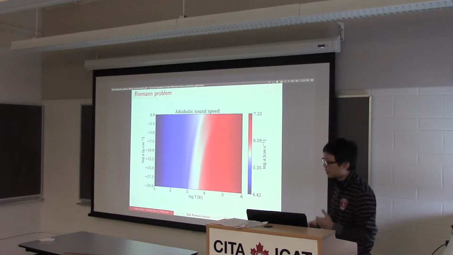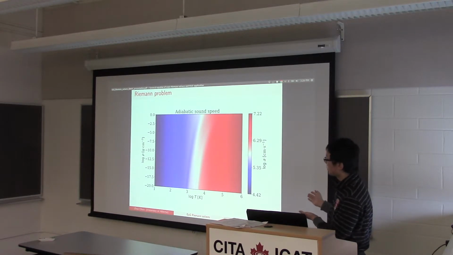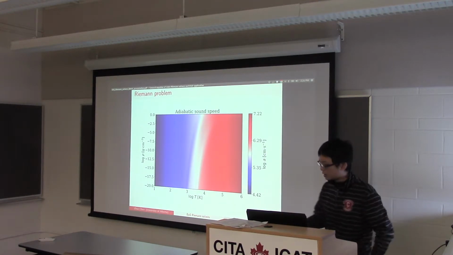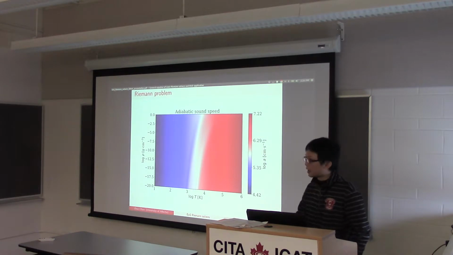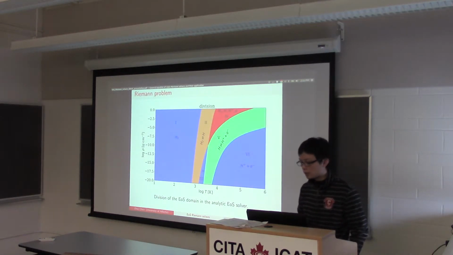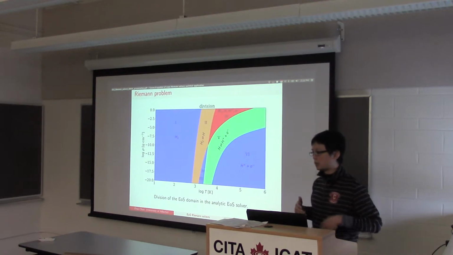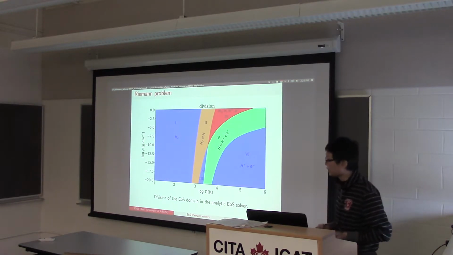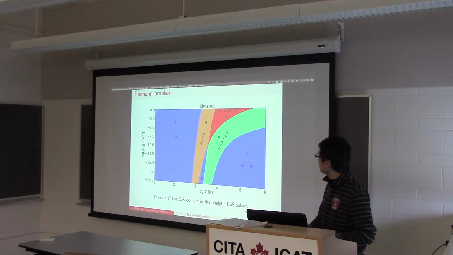So I implemented the tabulated method, but on the other hand, I tried another method called the analytic way. I calculate the adiabatic sound speed and the pressure-internal energy relation at runtime.